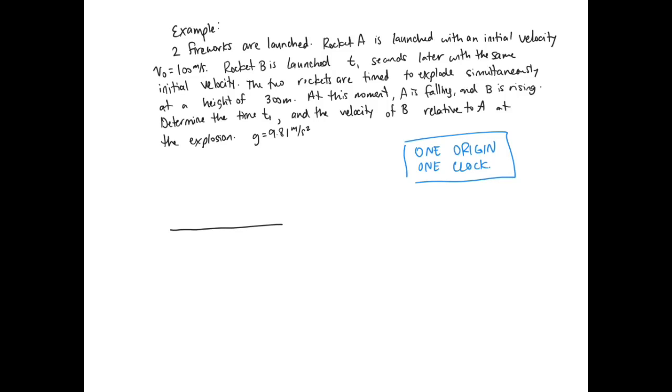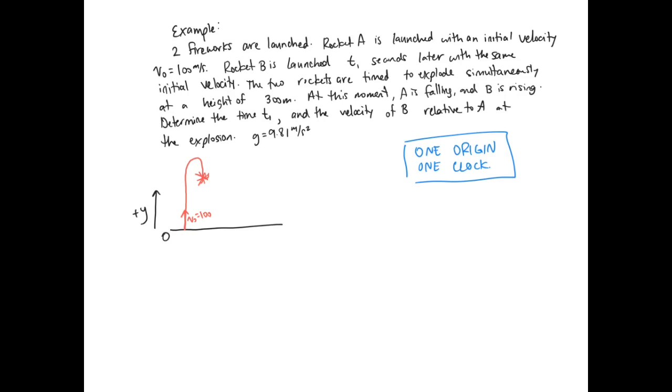So the origin is here at the ground for both particles. I'm going to set upwards as the positive direction, positive y. That's our coordinate system. Now for firework A, it's being launched upwards and then it's coming down and exploding. It has initial velocity v naught equals 100.